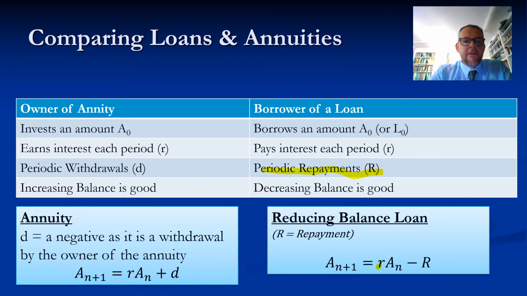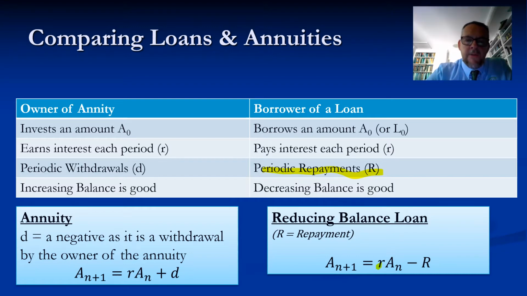Now, if you are having a look at an ordinary annuity, you're investing a certain amount, and that's going to earn interest each period, and you're going to be taking away each period a certain amount of money. So in this case, you start off generally with a lump sum, put it in the bank.